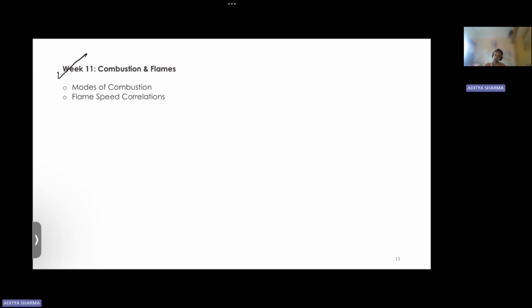These 2 weeks are basically on combustion and flames. Here we discuss flames, and how combustion takes place in diffusion type flames. What is a laminar flame? What are the properties of a laminar flame? All this has been discussed in this particular topic.